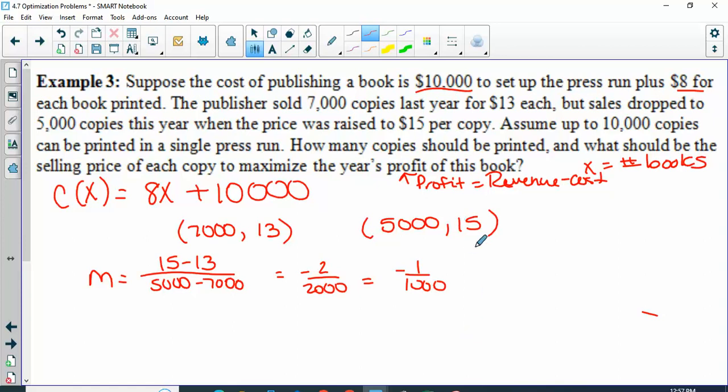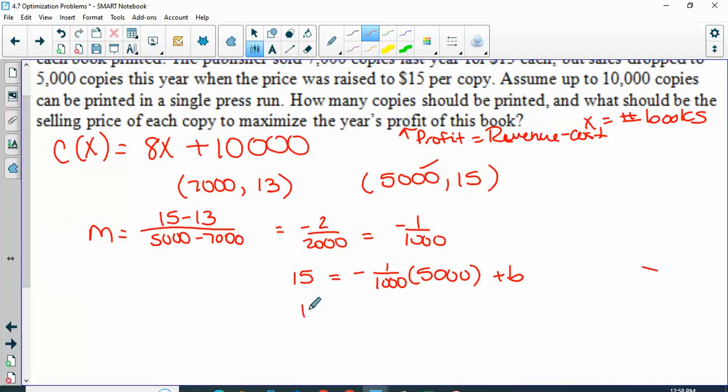So my y, let's just take this one, equals m times x plus b, so our b equals 20.